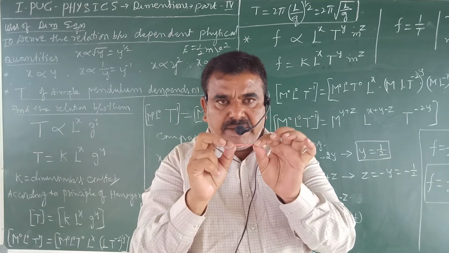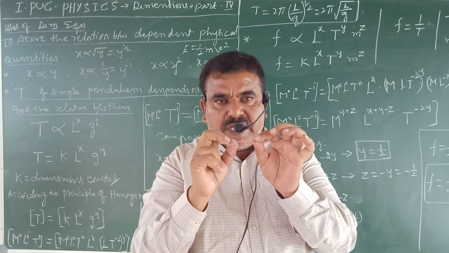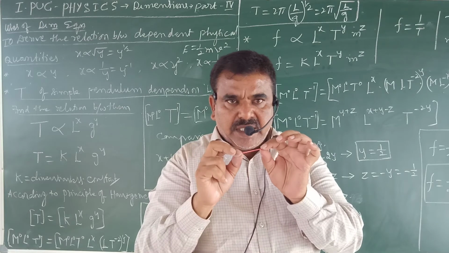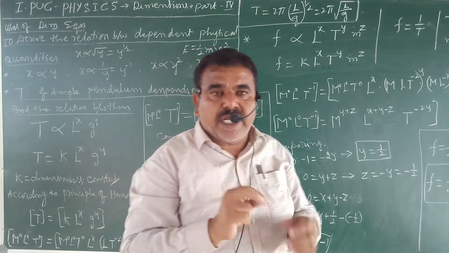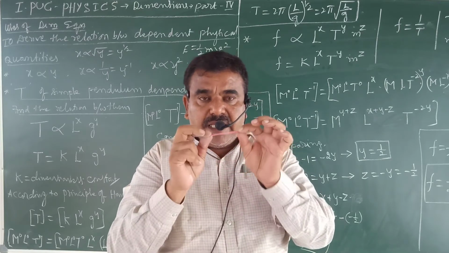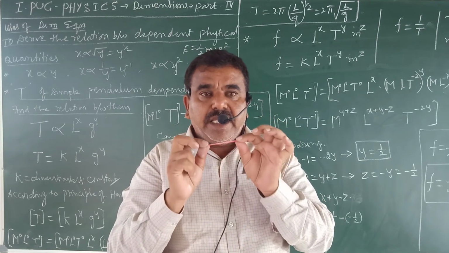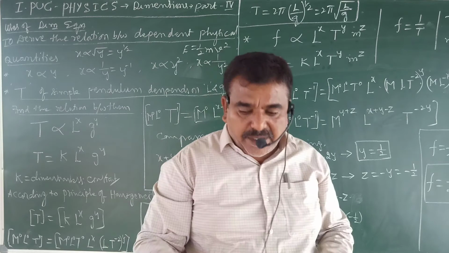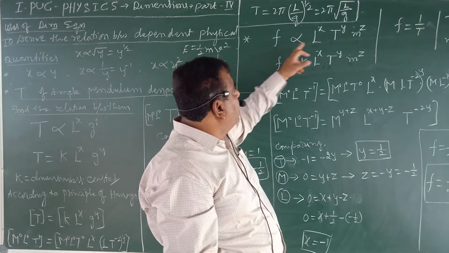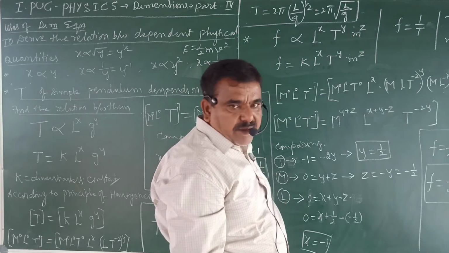One meter of the string weighs how much mass? That is called mass per unit length, also called the linear density of the string. So this frequency depends on these three factors.